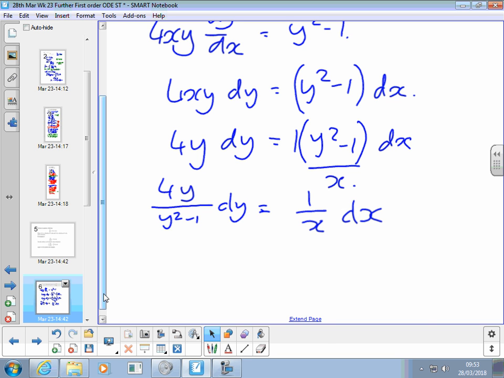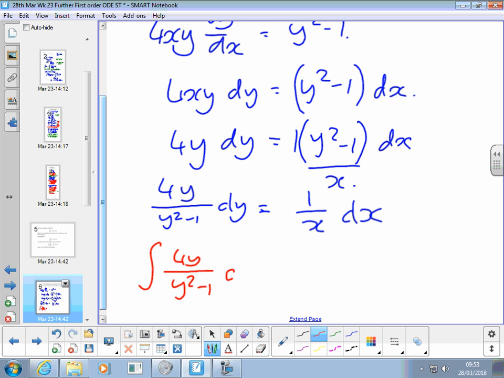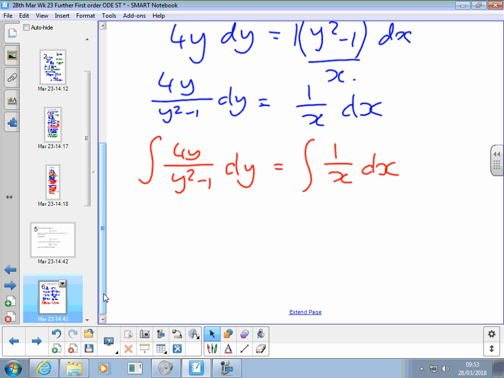Now what do we want to do? We want to integrate both sides, don't we? Integral of 4y over y squared minus 1 dy is equal to the integral of 1 over x dx. That side's easy. What about this side?